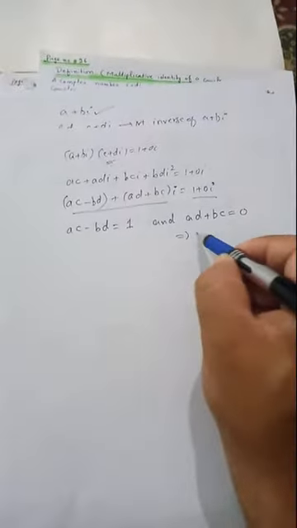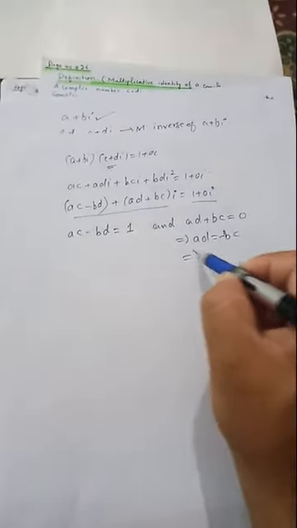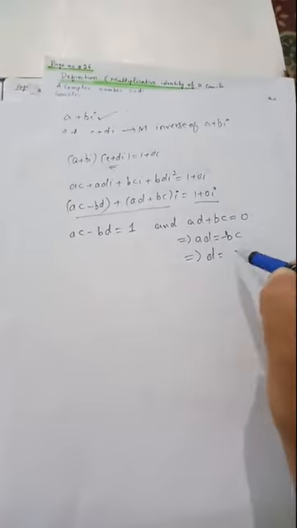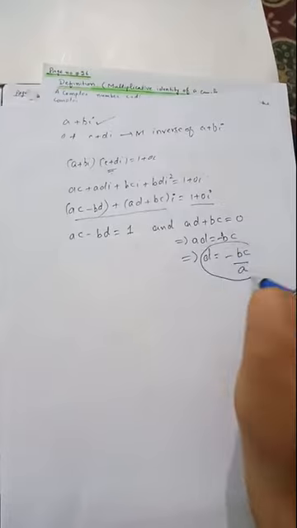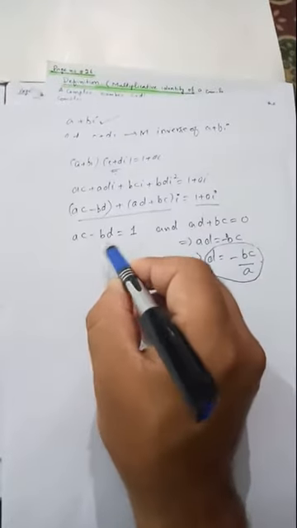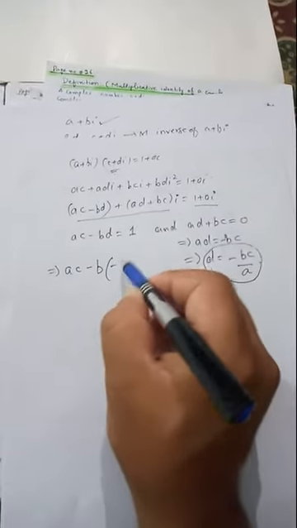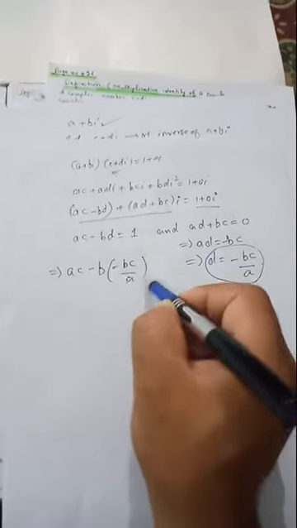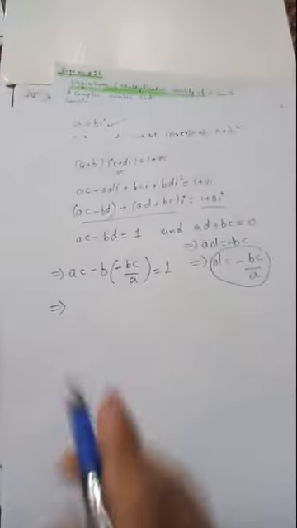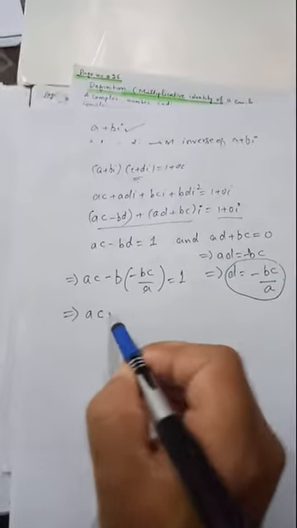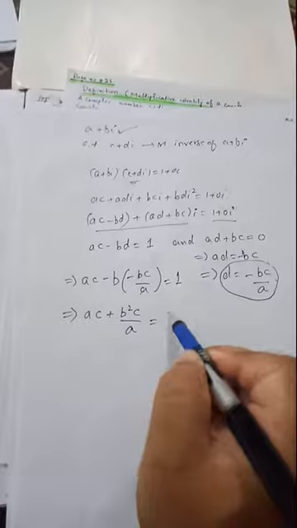From here you see that ad is equal to minus bc, which implies that d is equal to minus bc divided by a. Put this value in place of d. This implies ac minus b into minus bc divided by a equals 1. I am finding the value of c first. So this is ac plus b square c divided by a equals 1.